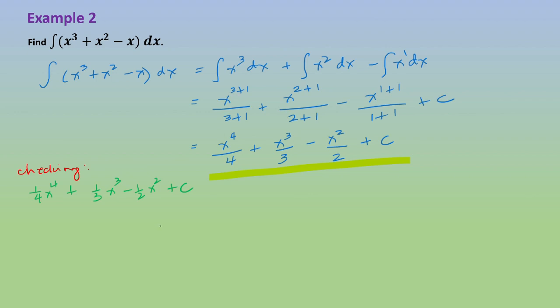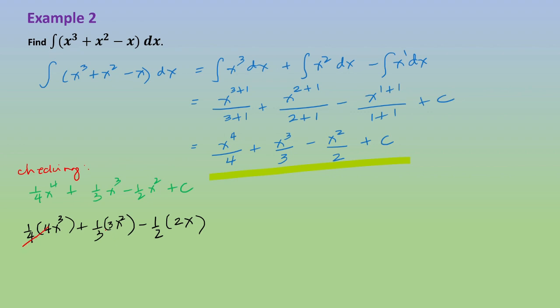Getting the derivative of this function, we have 1/4, and then the derivative of x raised to 4 is 4x cubed, plus 1/3, the derivative of x cubed is 3x squared, minus 1/2, the derivative of x squared is 2x, and then the derivative of a constant is 0.